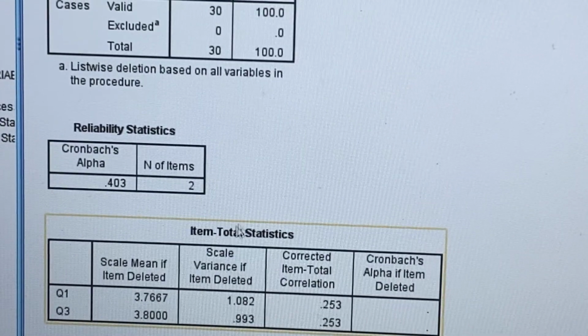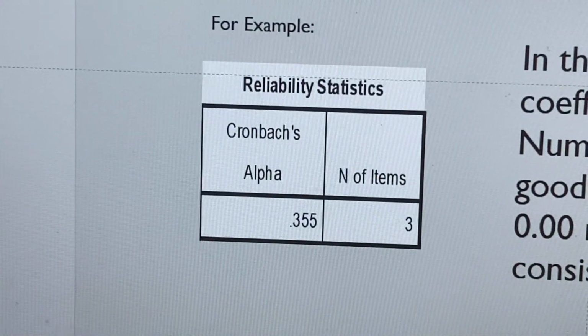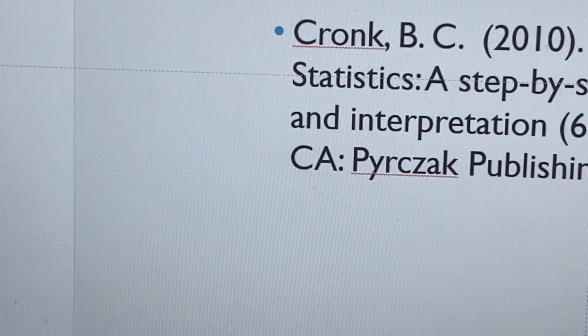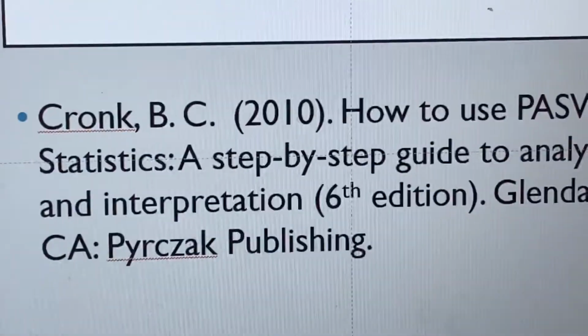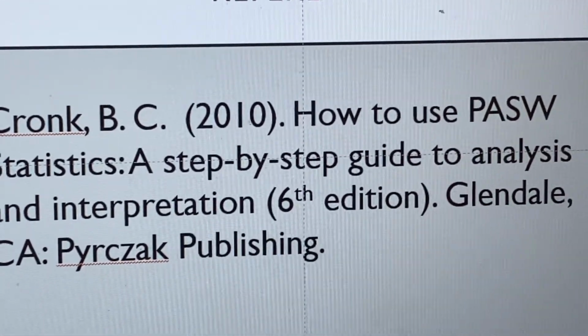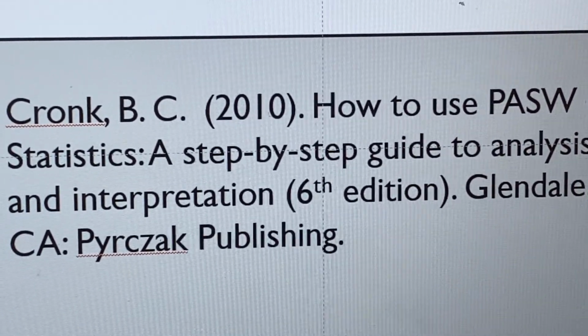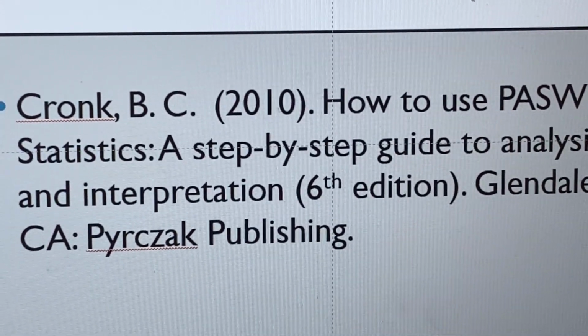And so this is called Cronbach alpha. Okay, and this is my reference from the book called How to Use PASW Statistics Step by Step. I got this information from there.